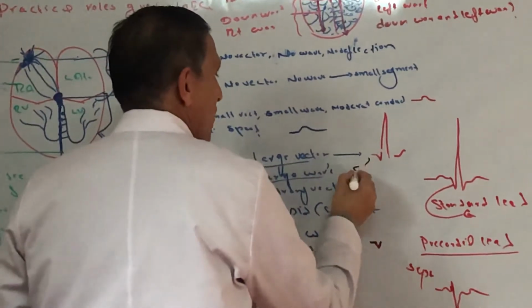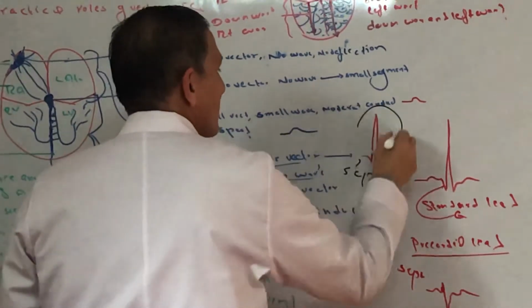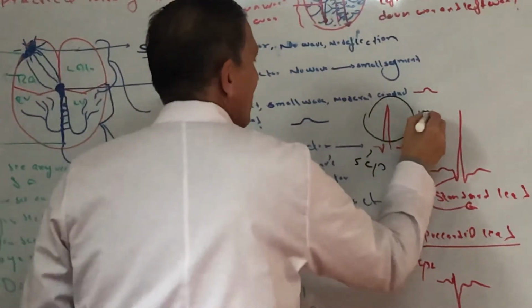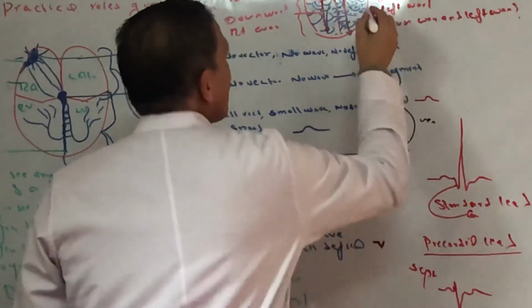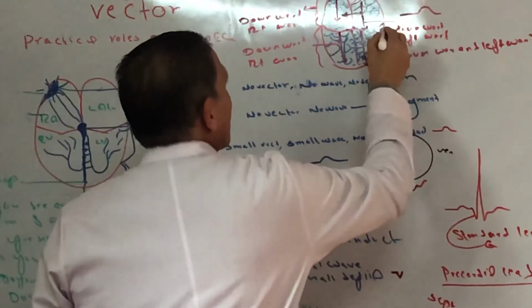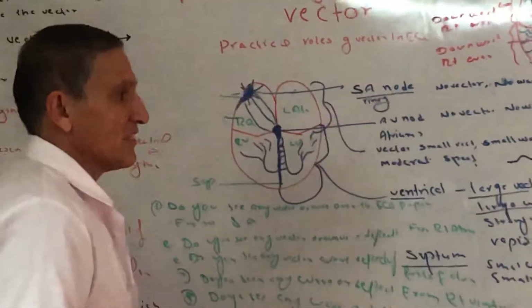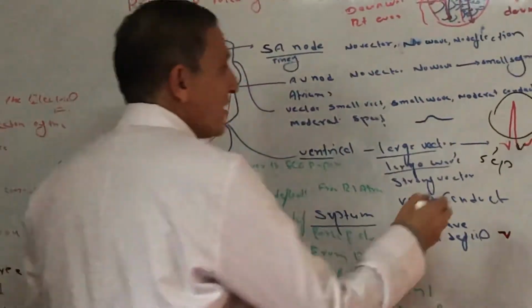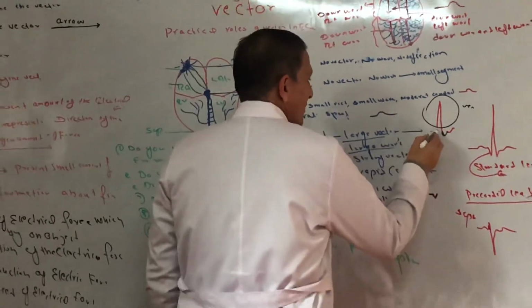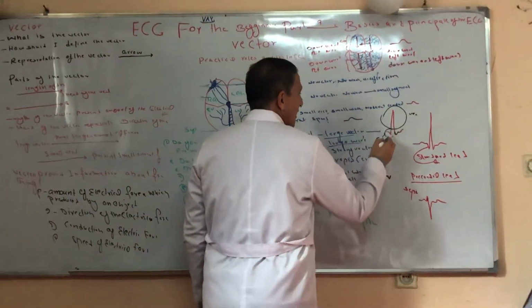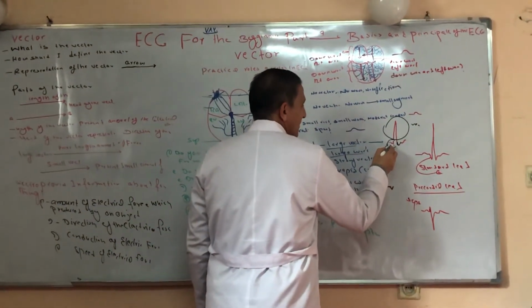This is septal. This is ventricle. And sometimes there is also the basal part, and the second wave represents basal part depolarization. So in the standard lead, this negative Q wave which comes before the R wave represents the septal.